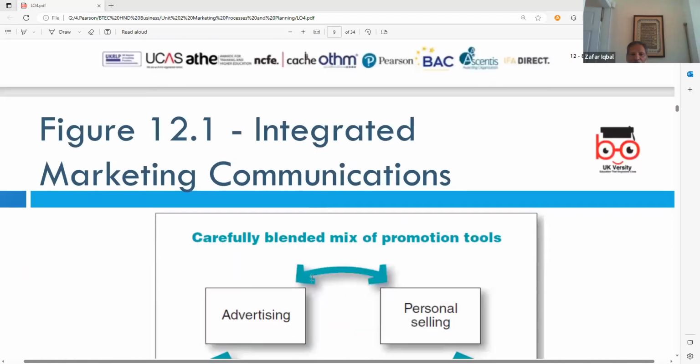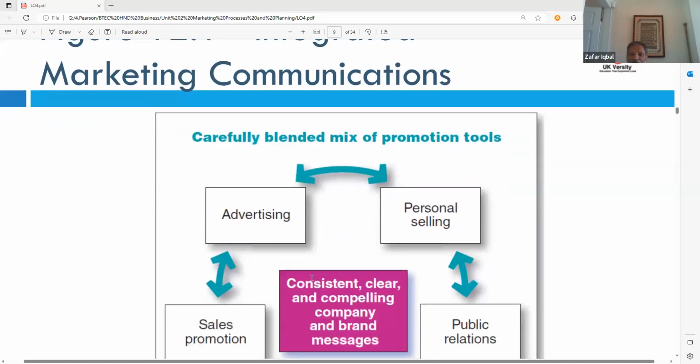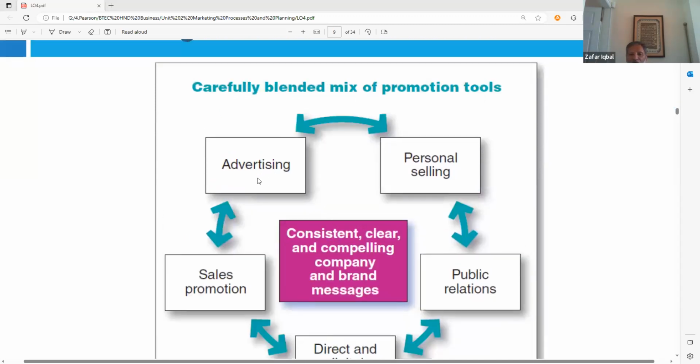Okay, so let's look at integrated marketing communication. What do we mean, and how do we blend these mixtures of promotional tools? Here you can see that the marketing mix is consistent and clear, making sure that the campaign we are driving and the brand message we are delivering is clear, compelling, and gets through to people, making sure that we're using the right amount of sales promotion.